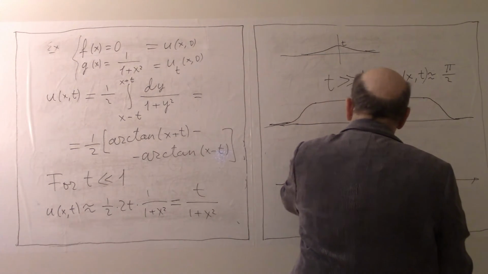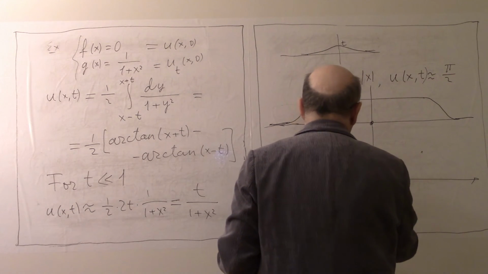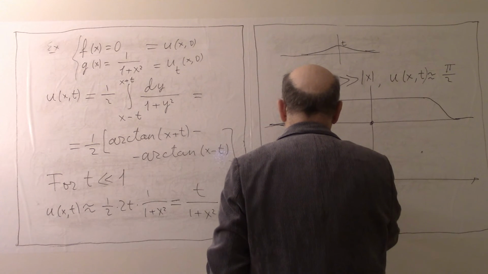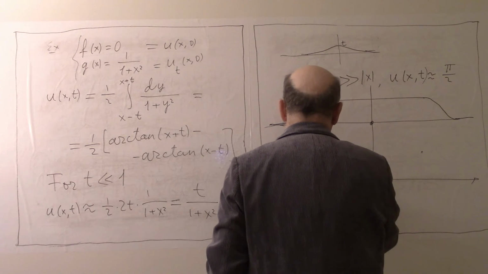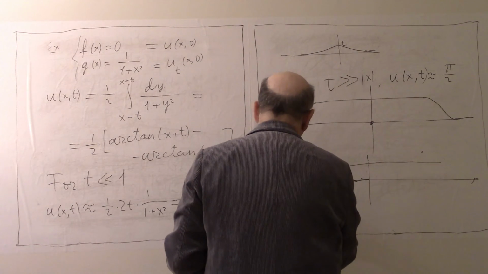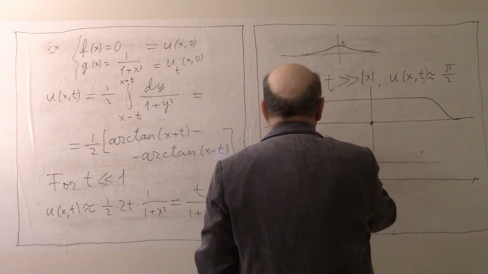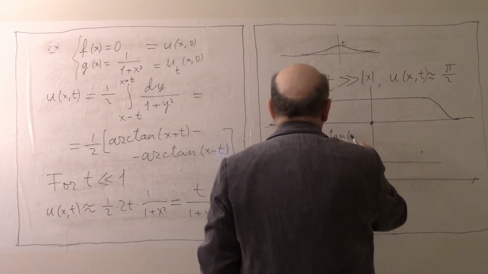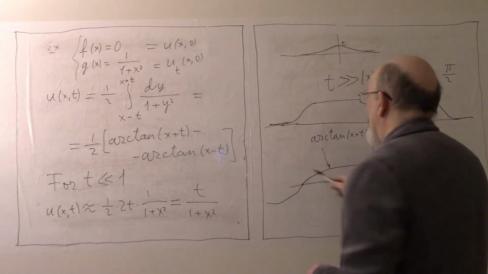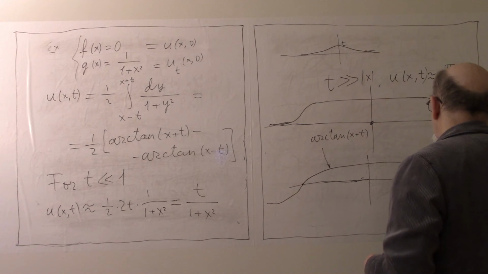And arctangent of x minus t is this function.